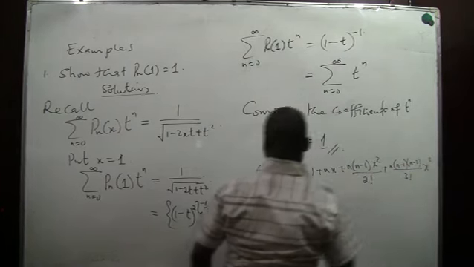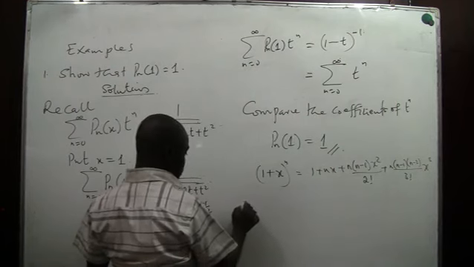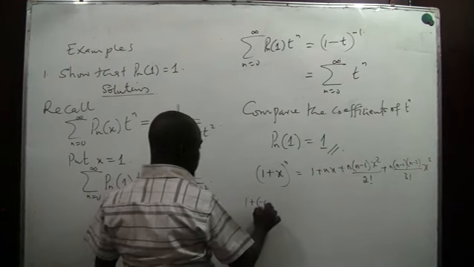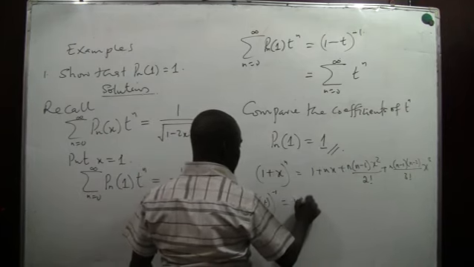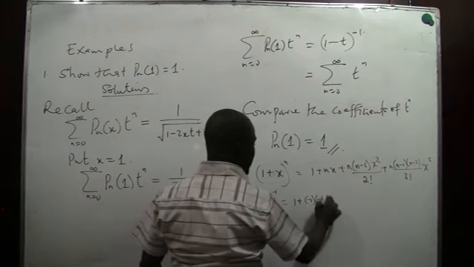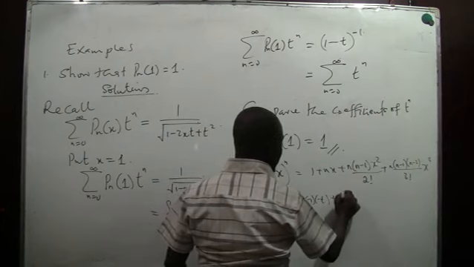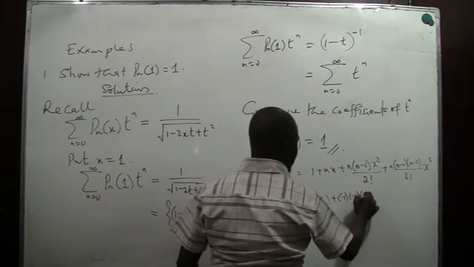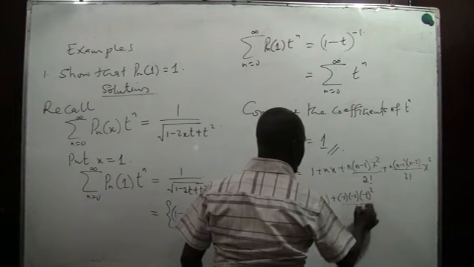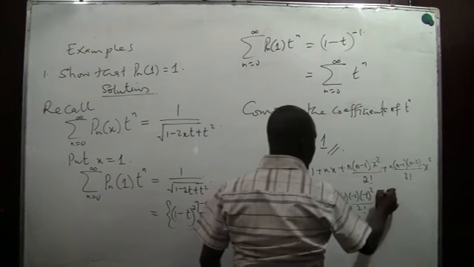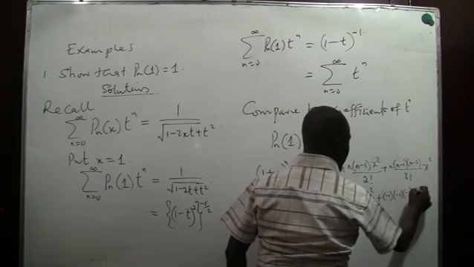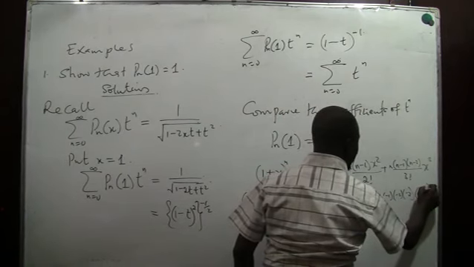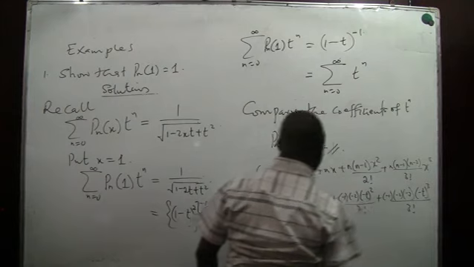So that translates to 1 minus t raised to minus 1 as 1 plus minus 1 into minus t plus minus 1 into minus 2 into minus t squared over 2 factorial plus minus 1 into minus 2 into minus 3 into minus t raised to power 3 divided by 3 factorial.